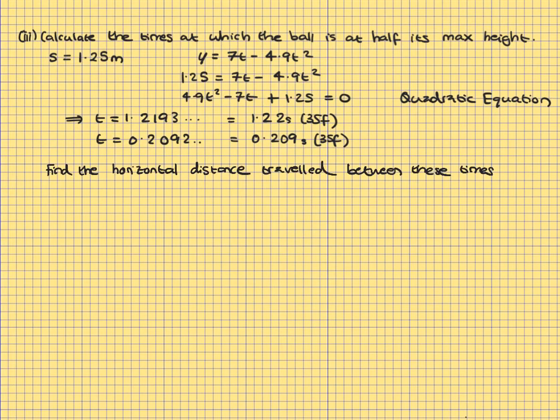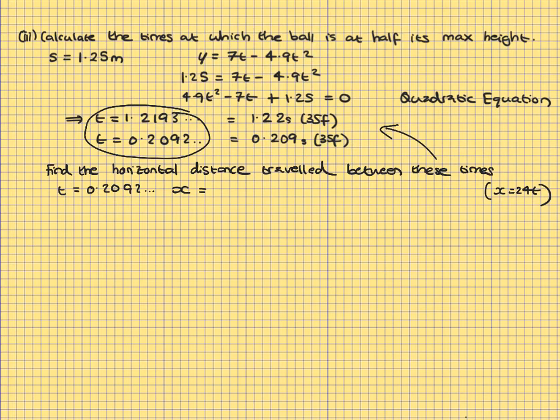Now there's another part to this. We have to find the horizontal distance travelled between these times here, which is why we did need to preserve the full accuracy as well. So let's work out the two x values. If t is equal to 0.2092, the x distance can be calculated, remember, using our formula for x, which was x equals 24t.